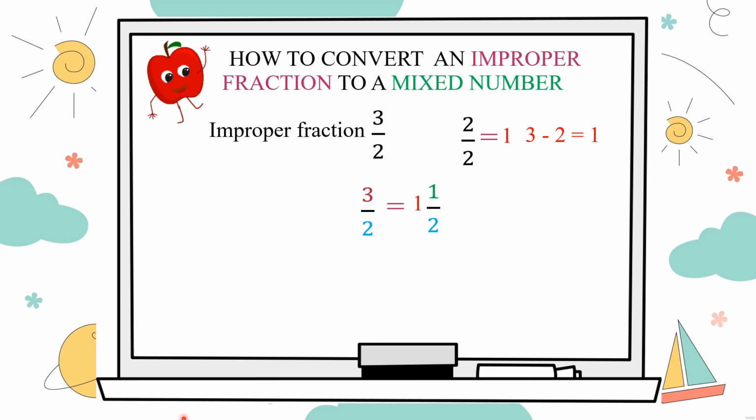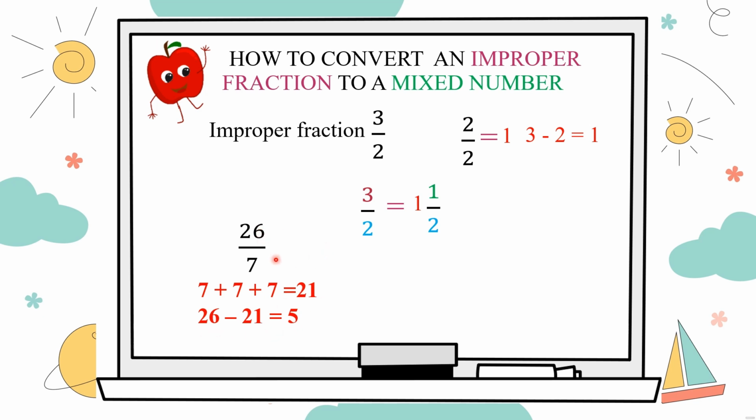Now let me take up another example, 26 by 7. Now you have to see 7 goes in 26 how many times? You have to take 7 plus 7 plus 7. So what do you get? 7 plus 7 plus 7 you get 21, and 26 minus 21 will give you 5.